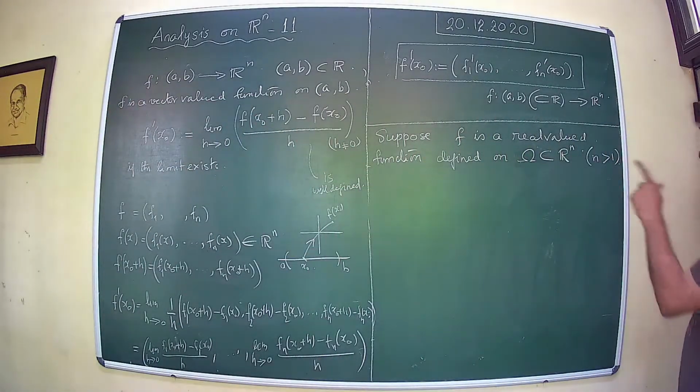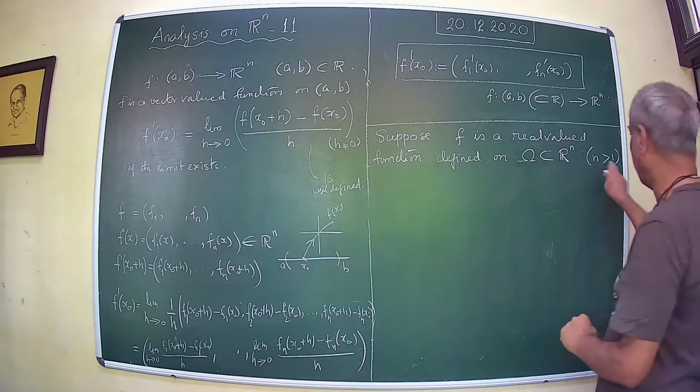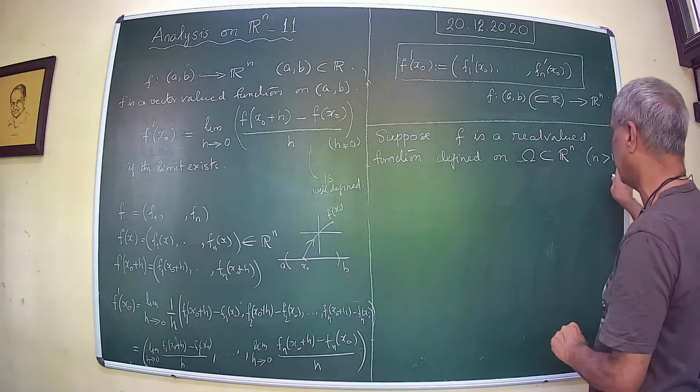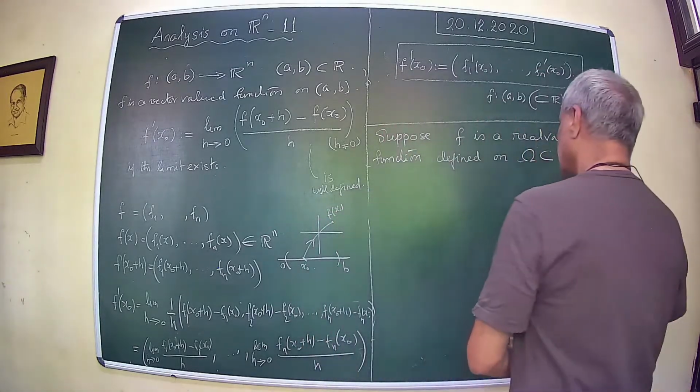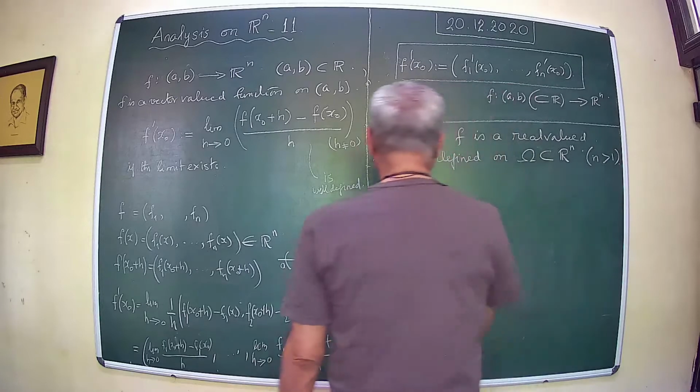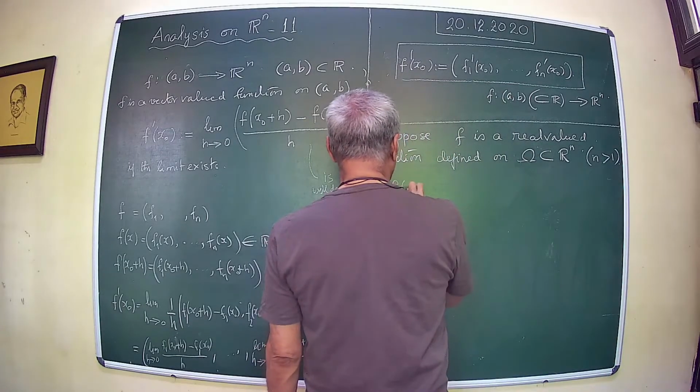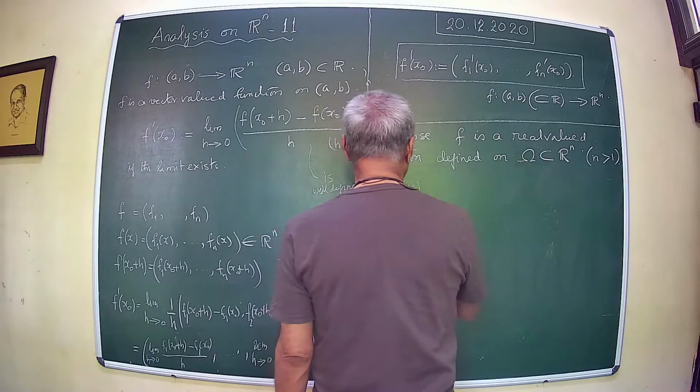Okay. Now let us consider this situation. I am taking the case for n greater than 1 and an omega in R^n. So what do I have? I have now a function f of x.